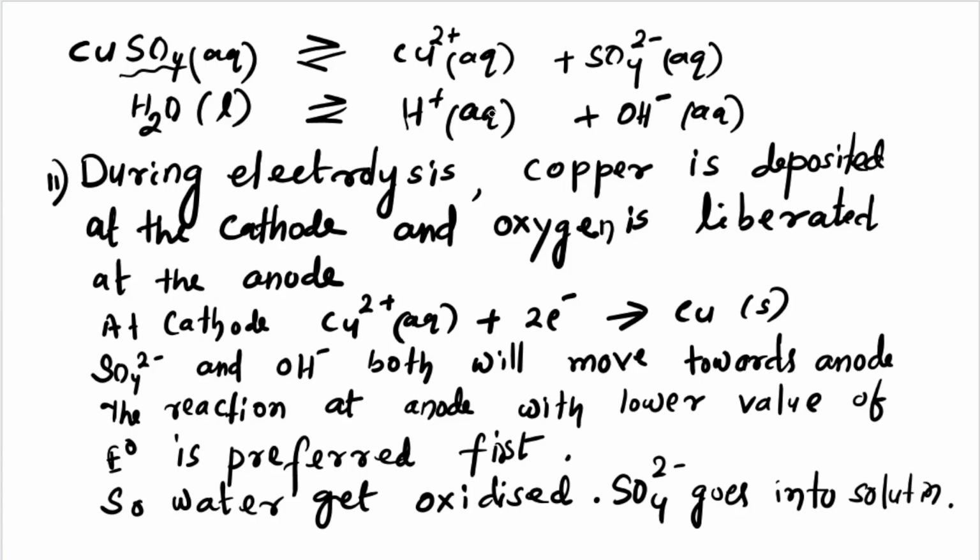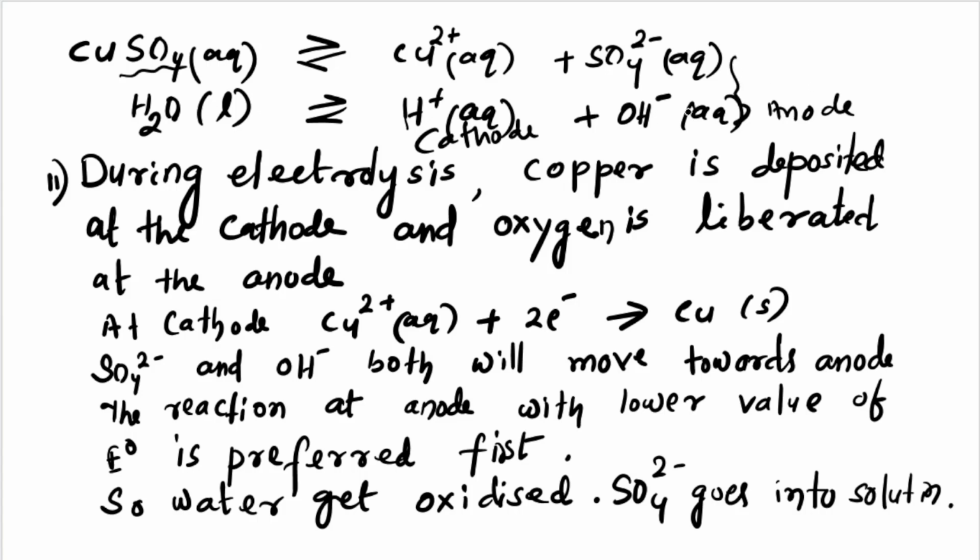You also know that the one with higher oxidation potential is preferred at the anode, and the lower one is not. So Cu2+ and H+ will go to the cathode, not the anode. So you should write cathode here, and both the anions will move towards the anode.